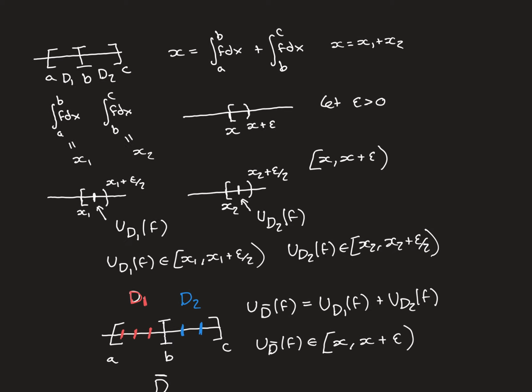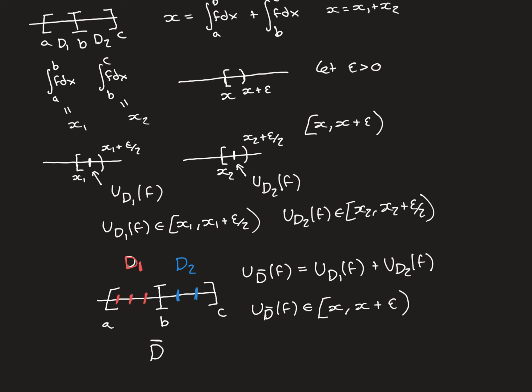And then because of the restrictions that were placed on these upper Riemann sums, I'm then able to conclude that my overall upper Riemann sum is inside the desired interval. So I have succeeded then in showing that I can find upper Riemann sums that get indefinitely close to this value x from above.